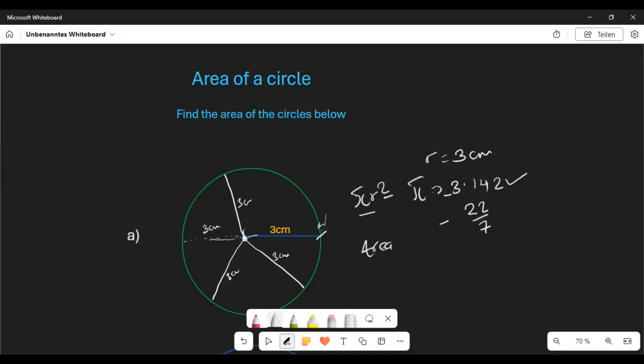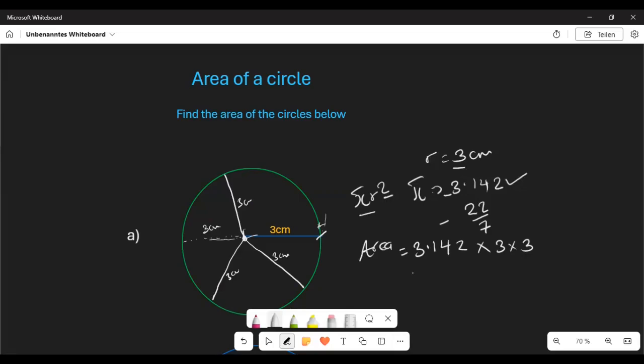So we're just going to replace everything. The area is going to be 3.142 multiplied by r, which is 3 times 3, that is 3.142 multiplied by 9.